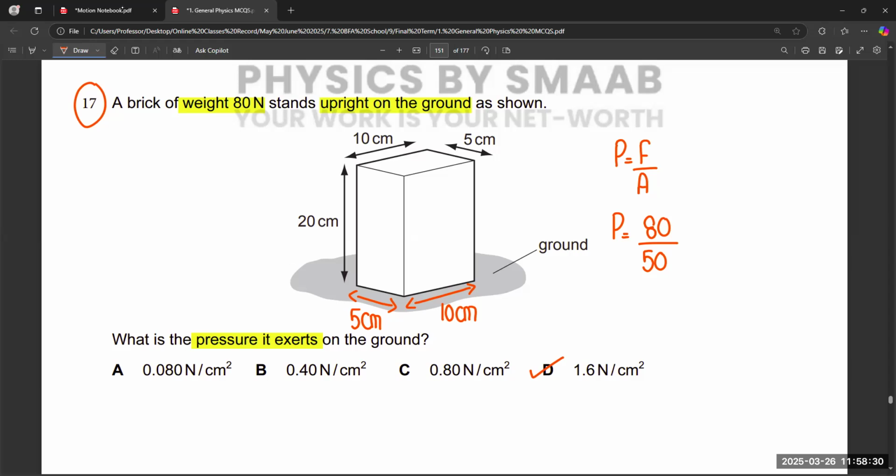Okay, so this is the question related to the pressure in solid. Next idea is about pressure in liquid.